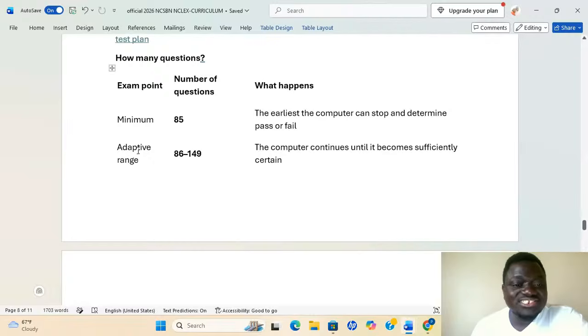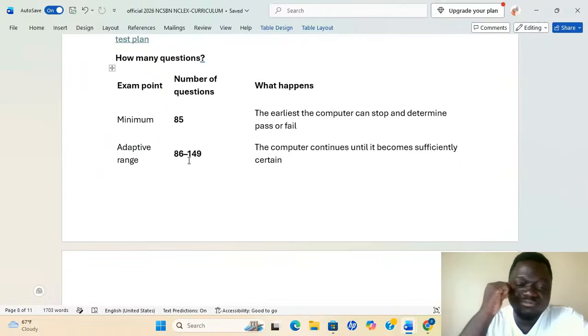Adaptive ranges: if the computer does not stop at this phase, from 86 to 149, the last but one question, the computer can stop anywhere. So put in your mind, if your computer does not stop at 85, it can stop anywhere.